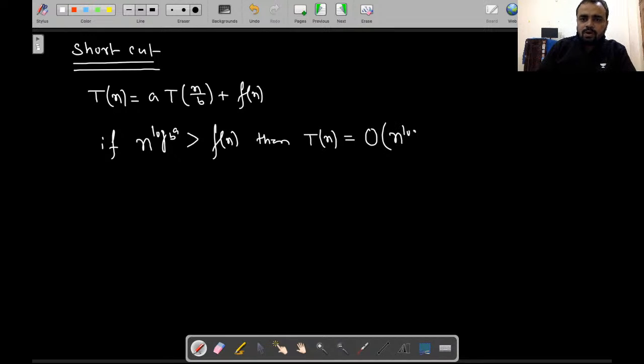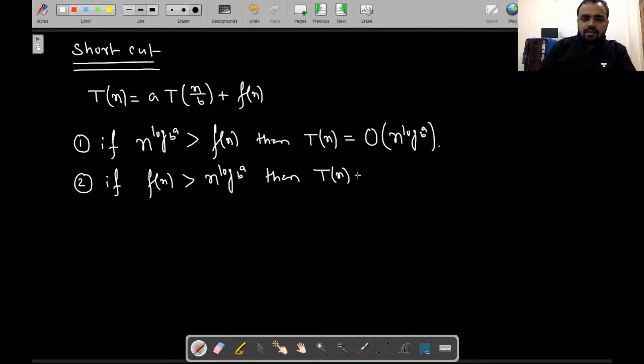It will become order of n to the power log of a on the base b. This is the first thing. Okay, the second situation is if f of n is greater than n to the power log of a on the base b, then T(n) will become order of f of n.